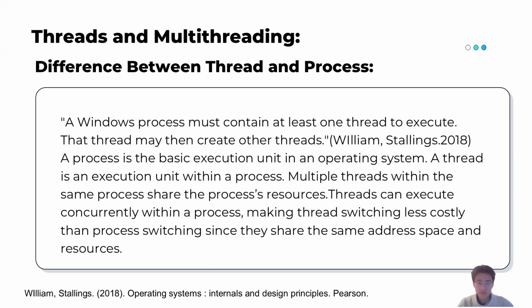There are differences between threads and processes. A process is the basic execution unit, while a thread is an execution unit within a process. Threads share the process's address space and resources, making them lightweight compared to processes.